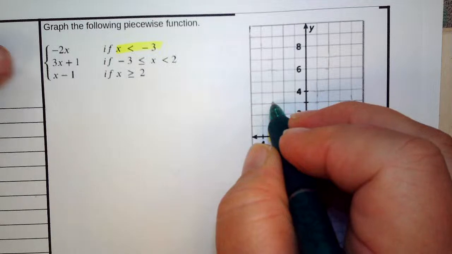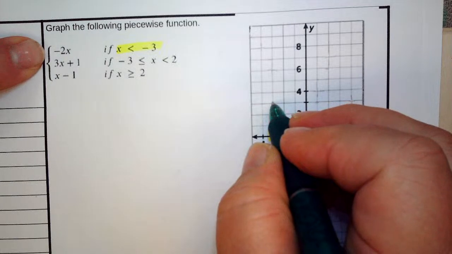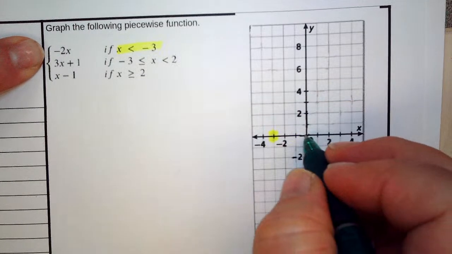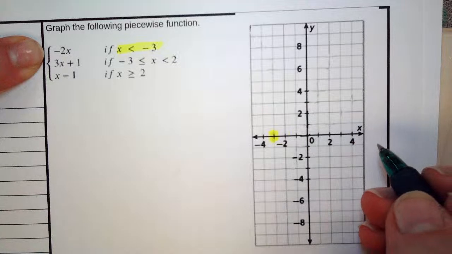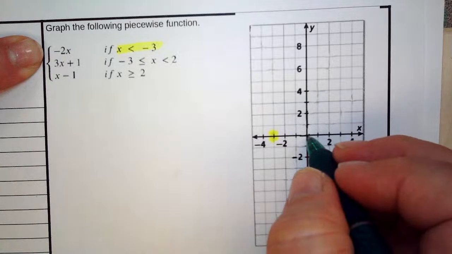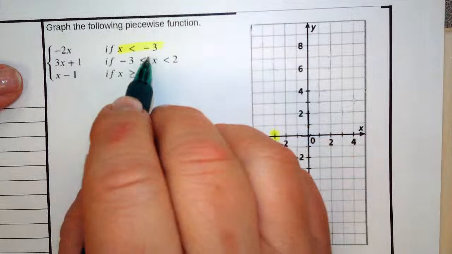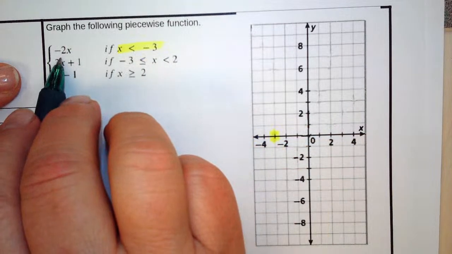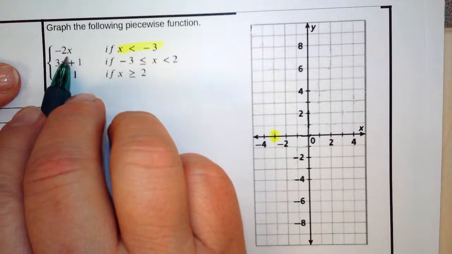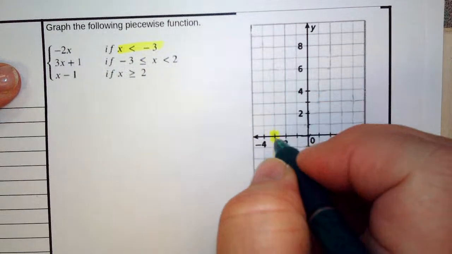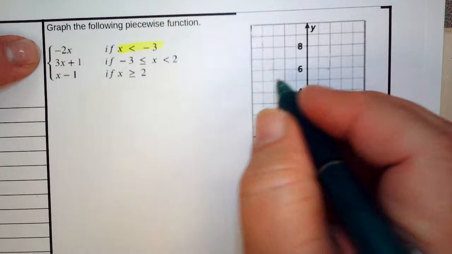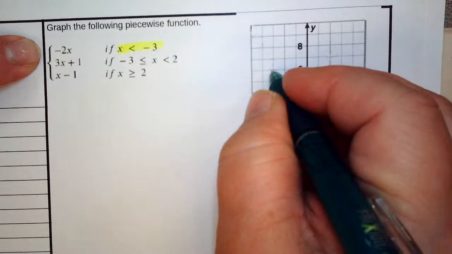So this would actually intersect the origin of your graph. So when x is -3, -2 times -3 is +6. So when x is -3, y will be +6.